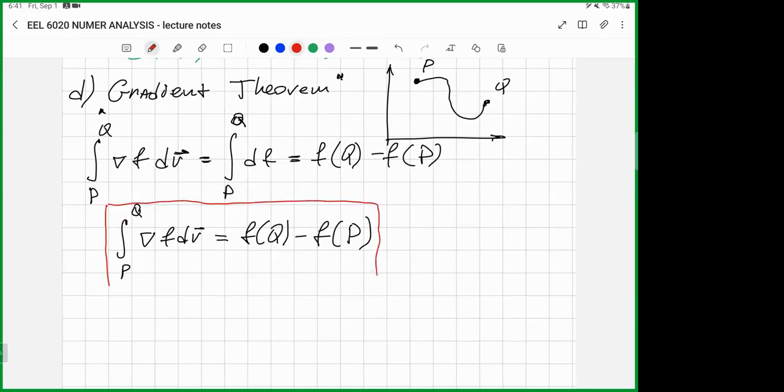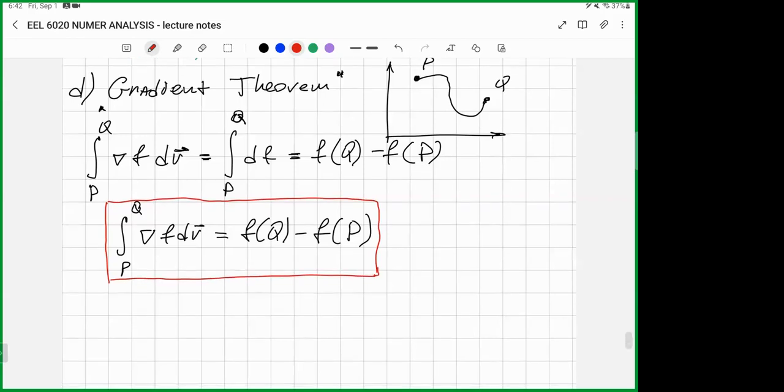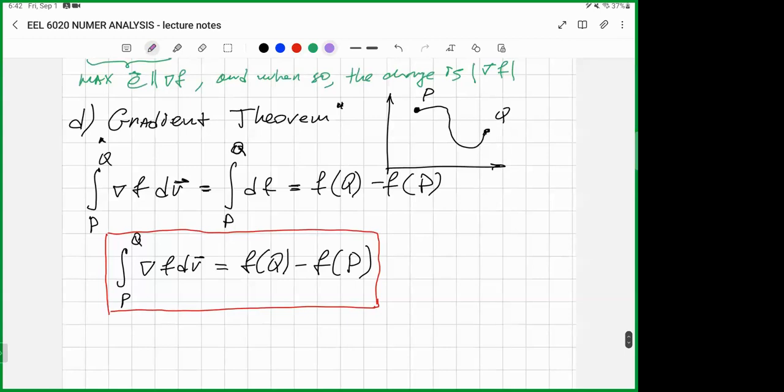In this way, it's not really useful. It's more useful when P and Q points coincide. Basically, if you consider the integral like this over a closed loop, then this theorem states that this integral will be equal to 0, because basically in the same point, you subtract the same value, so you get 0.